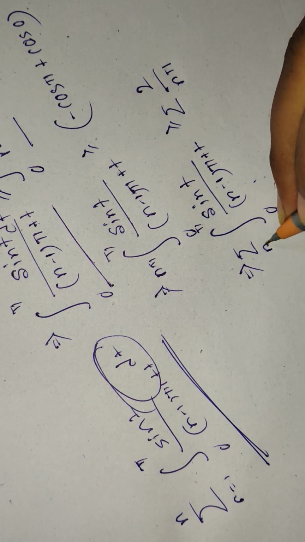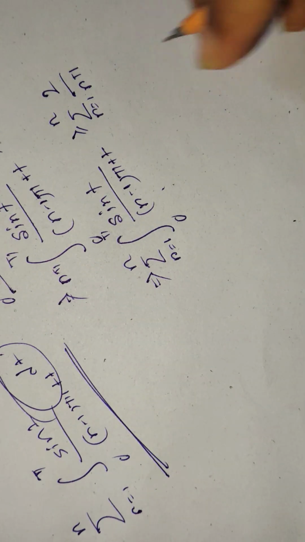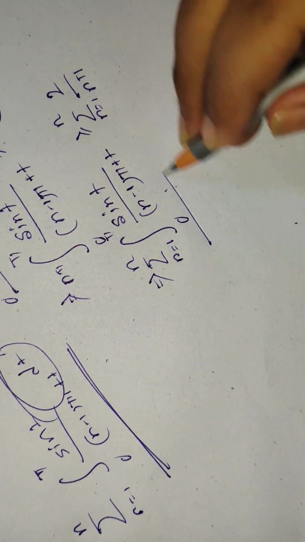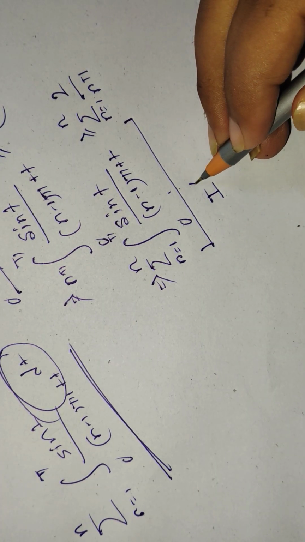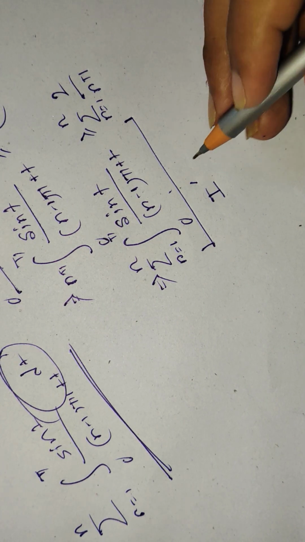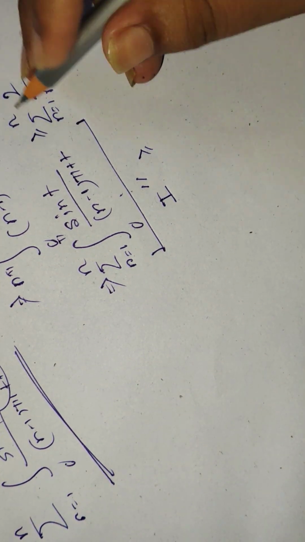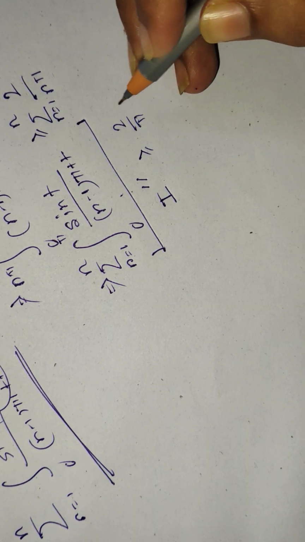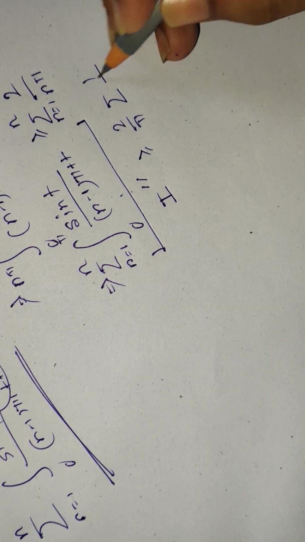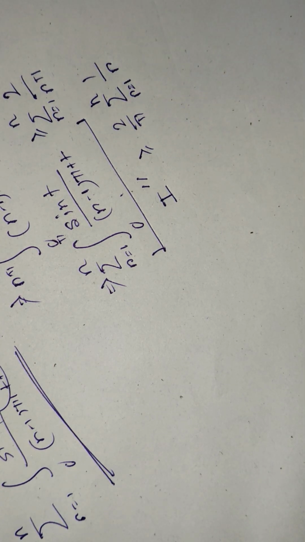This is summation r equals 1 to n, and this is summation r equals 1 to n. Now basically this is the actual integral, which is called I double prime. I double prime is greater than or equal to 2 by pi into summation of 1 by r, r equals 1 to n.